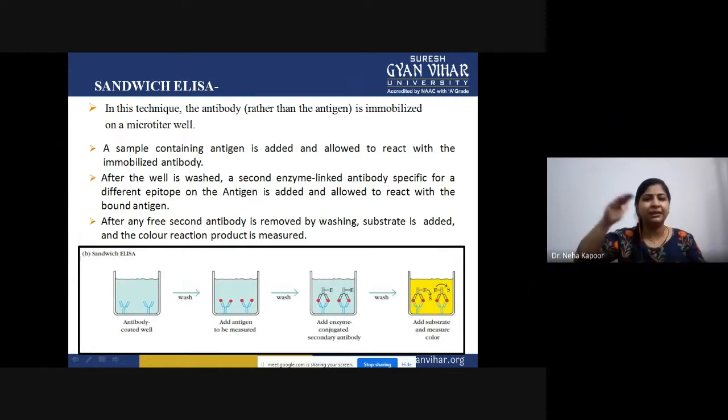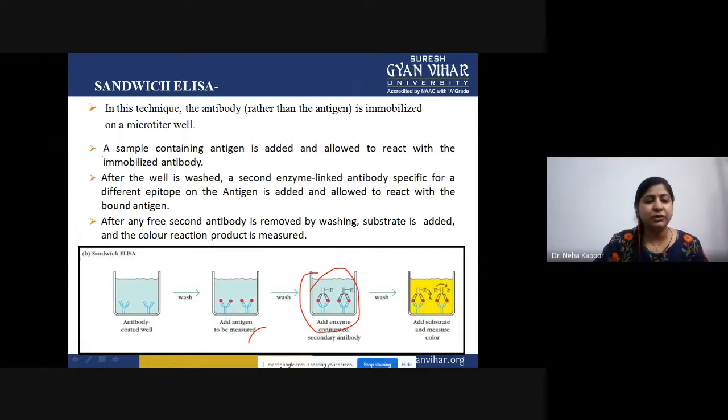After that, we add the antigen, or you can say we add the serum. If the particular viral antigen is present, it will attach to this antibody. After that, for the detection, we will be adding a secondary antibody conjugated with enzyme. So such a sandwich is observed. That is why we call it sandwich ELISA.